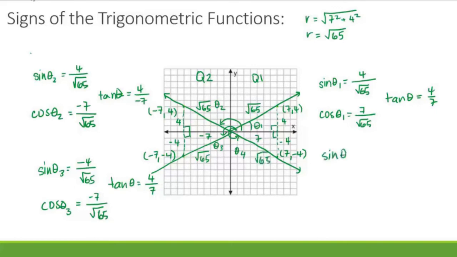So the sine of theta 4 is going to be negative, with -4 over root 65. Whereas the cosine is once again positive because we've got a positive value for x over a positive value for r. Of course, r is always positive. And finally, the tangent of that angle, -4 over +7, is also negative.